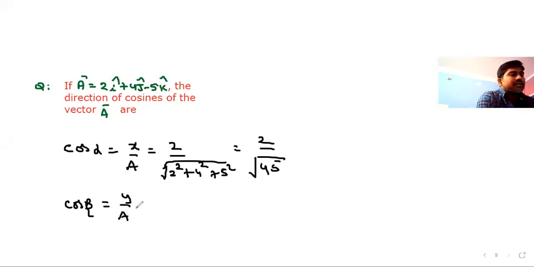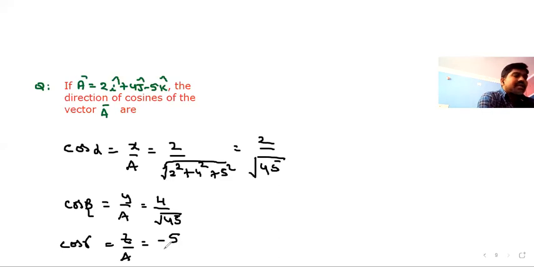And cos beta value will be y by magnitude of a bar. What is the y component? 4 by root 45. And what about cos gamma? That is z by a. What is the z component? Minus 5. Simply, if it is taken, we can write minus 5, so minus 5 by root 45. So all the components cos alpha, cos beta, and cos gamma are called direction cosines.